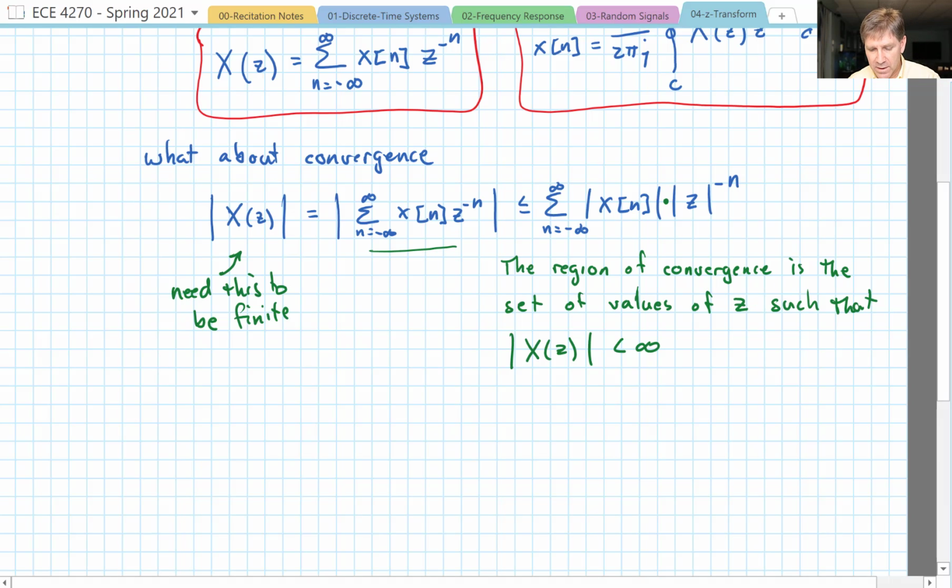Okay, let's look at an example. We want to know the region where in the set of values such that Z converges.